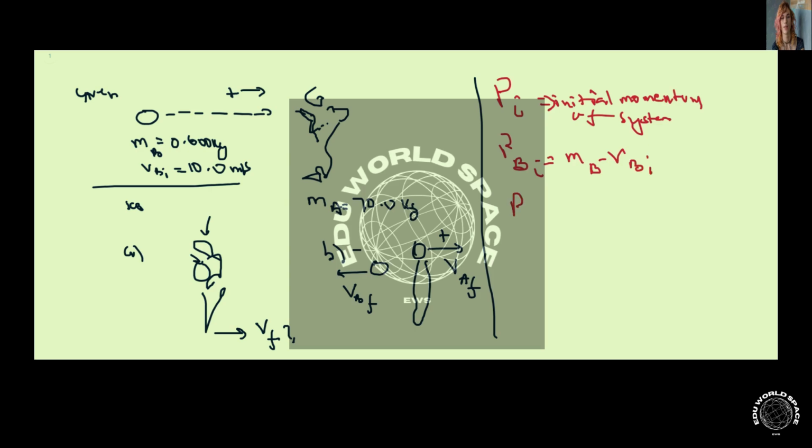And then your initial momentum is your mass times your initial velocity. Remember, your initial velocity, VAI, is 0 meters per second.